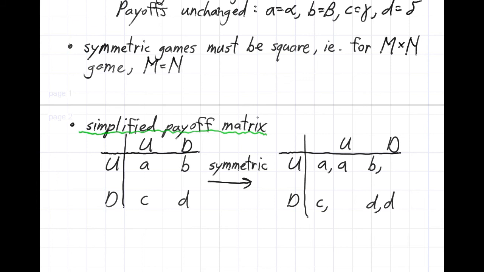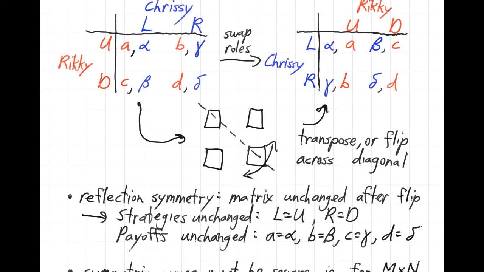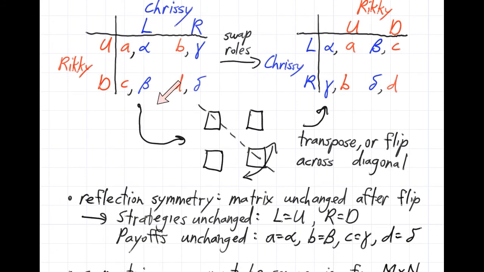If they were the new row player, then they would be playing D, and the other player would have been playing U. So they get C. Now we go back to the original perspective of the original row player, and we see that in this case of U and D, the second player must get C. And by the same reasoning, in the bottom left box, the payoff to the column player is B. And if that was difficult for you to follow, it might make more sense if you just look at the payoff translation here, that A equals alpha, B equals beta, and so on, and apply those in this original payoff matrix, and you'll get the same result.